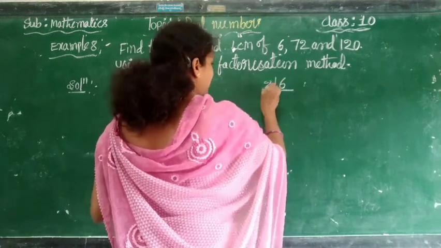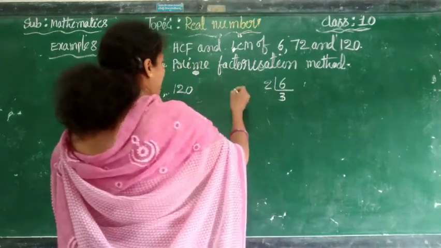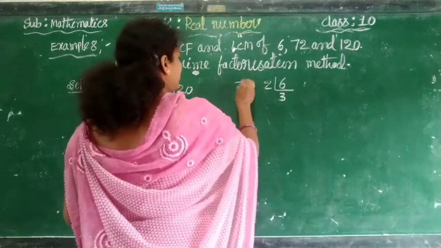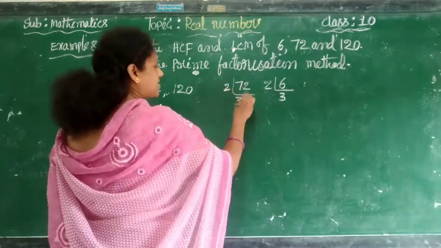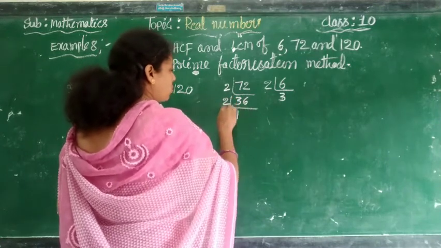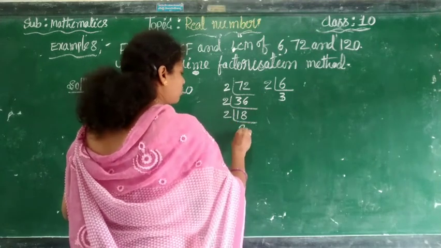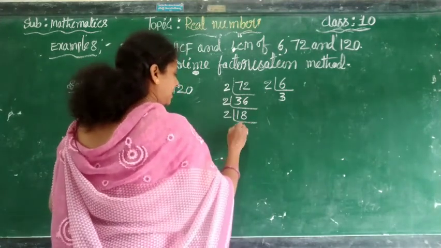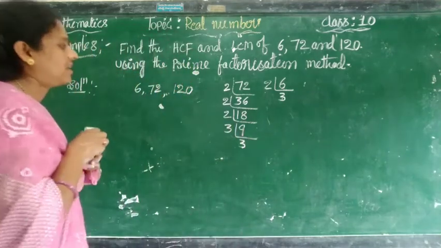6 will be factorized: 2 3s are 6. And 72: 2 3s are 6, 2 6s are 12, 2 1s are 2, 2 8s are 16, 2 9s are 18, 3 3s are 9.